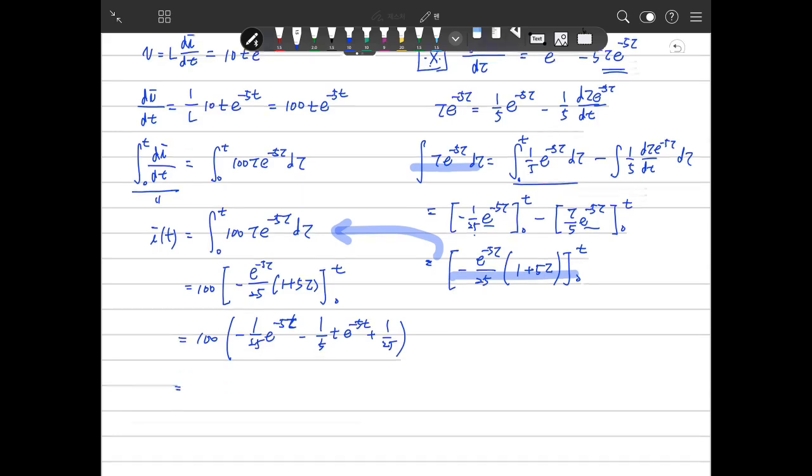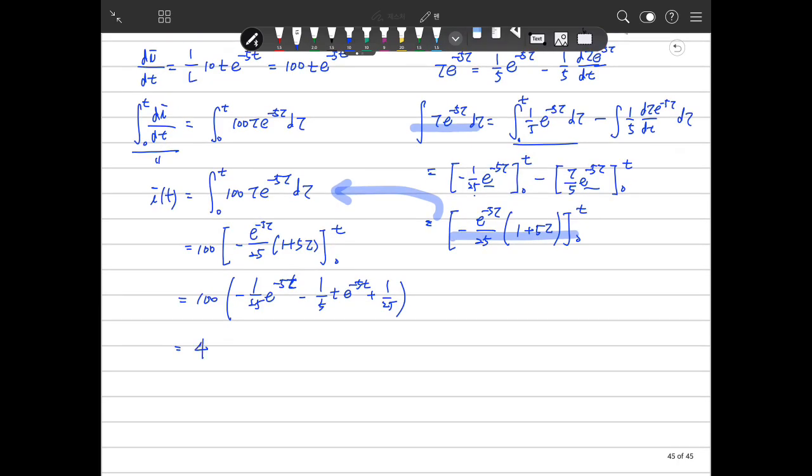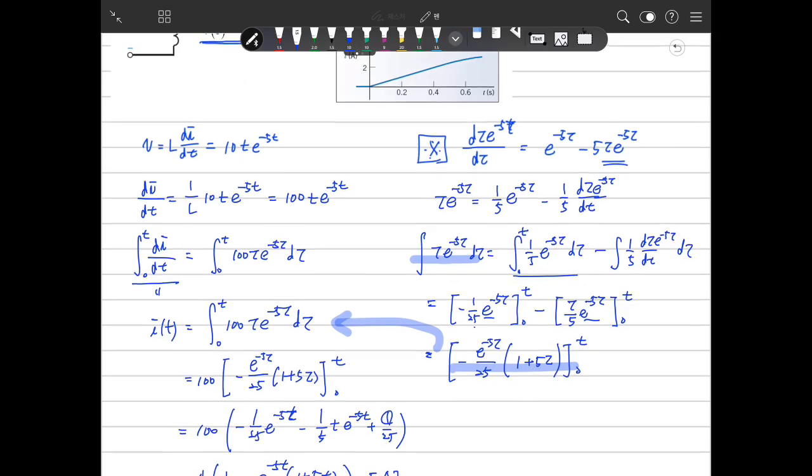So that value is 4. That value is 1 minus e^(-5t) (1 + 5t). This is the current equation here.